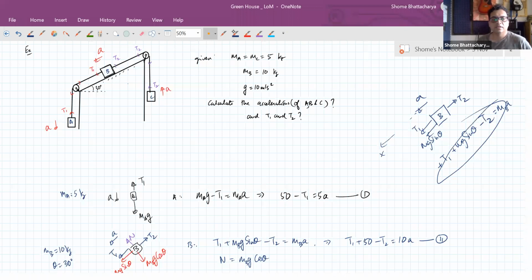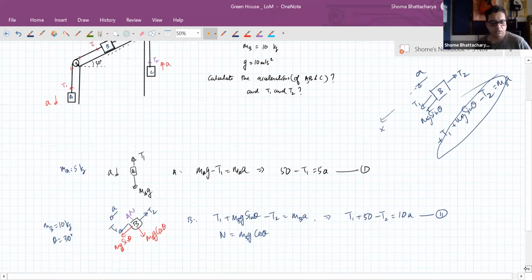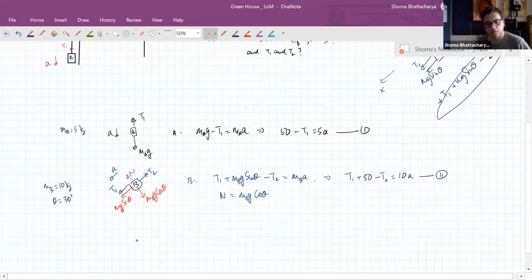Right. So we got to your second equation, and now the third one is pretty simple really. For the block C, you have T2 upwards, weight downwards, but remember its acceleration is upwards. So we have to take the net force in the upward direction, and mass of C is again 5 kilograms.